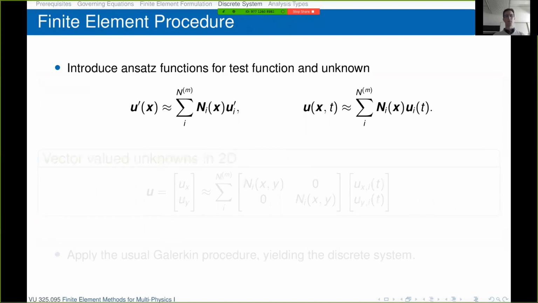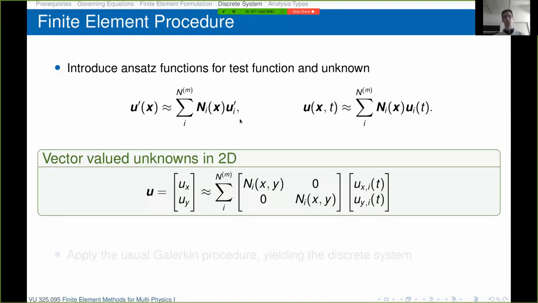So what steps do we do in this finite element procedure? We introduce an ansatz function for the test function and the unknown function. Note now that we have vector valued ansatz functions for the 3 components of the unknown coefficients in the 3 spatial dimensions.